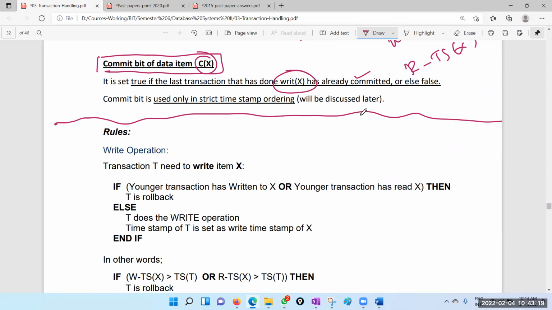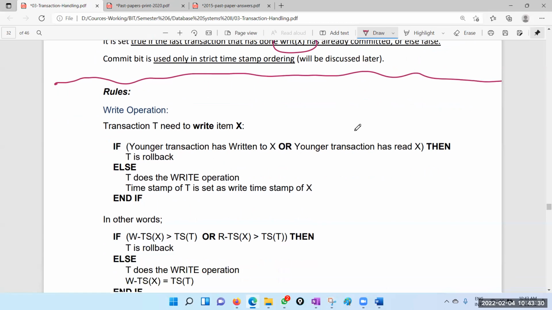Right. Now what are the rules? When a transaction tries to read a particular data item, or tries to write a particular data item, what are the rules the database management system is going to check? If the rules are satisfied, you can do the operation, read or write. Remember, in the previous locking approach, if the lock is not available, you have to wait.